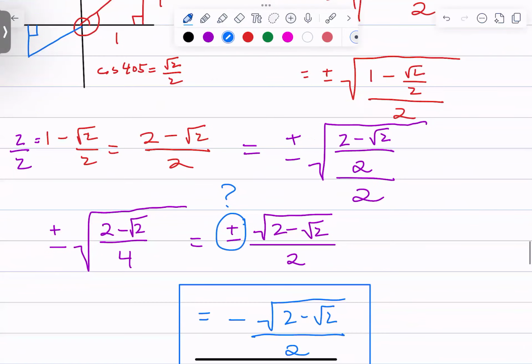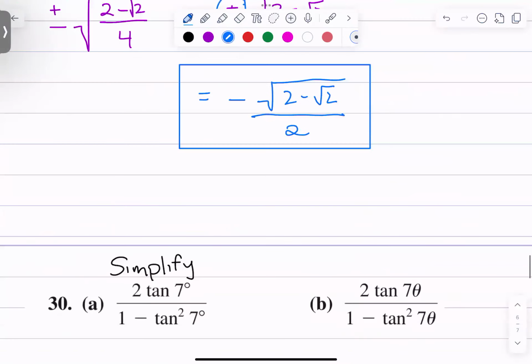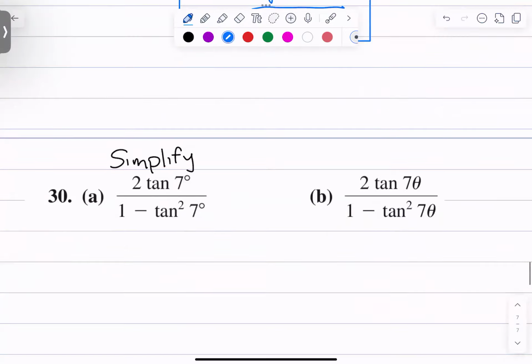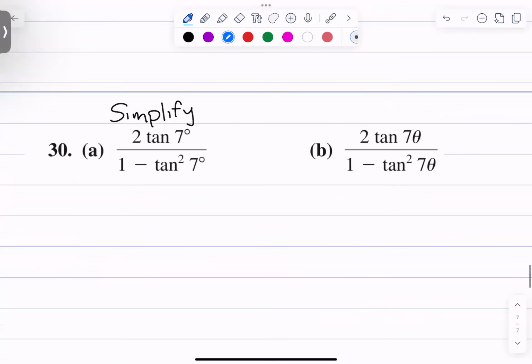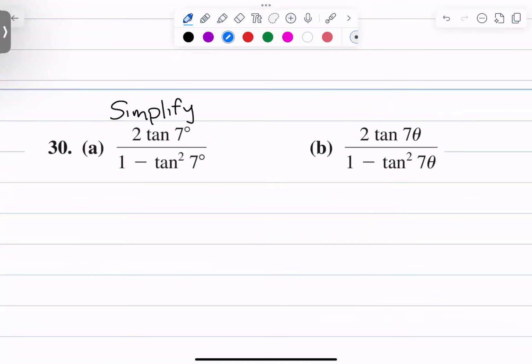All right. And this is the last one. We're just going to simplify this. Look at all of your half angle and double angle formulas. And what does this look like?